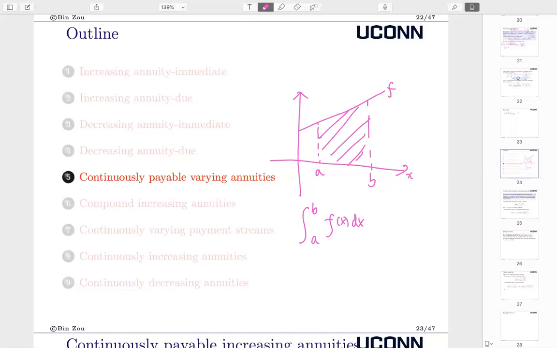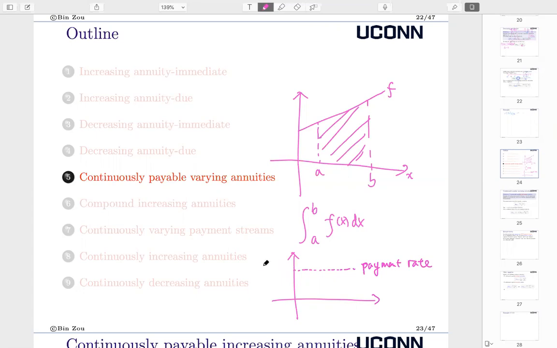Continuously payable annuities is similar to this, where we assume the rate is a constant. So in our previous studies, this is your payment rate. So let's assume this is $1, okay? That means not dollar. Dollar is not the amount, so let me erase this.